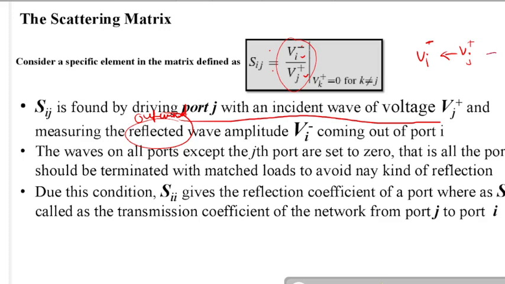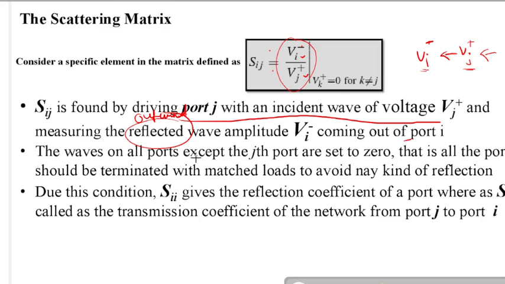So you are giving an input voltage Vj plus at some port J and you are measuring the output voltage V minus at some port I. All other ports are open circuited or have a matched load, so consider that there is nothing coming from there. The concept of matched load we will be discussing later.